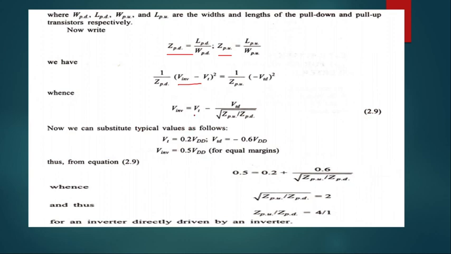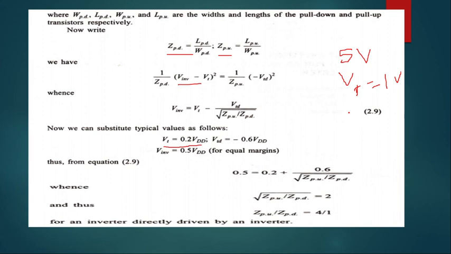Now if typical values are substituted, VT is generally 0.2 of VDD. That means if VDD is 5 volt, then the threshold voltage is generally 1 volt. These are standard values that are used. So the threshold voltage is 0.2 of VDD for enhancement and minus 0.6 of VDD for depletion.